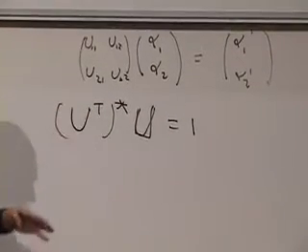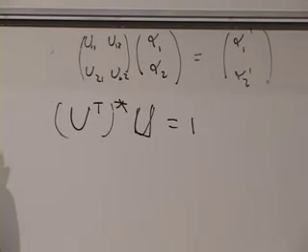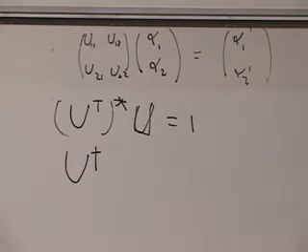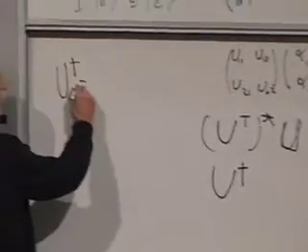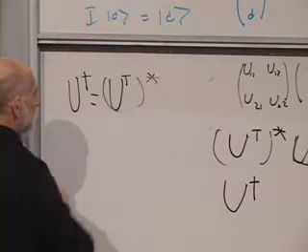This combination here, the transpose complex conjugated, is called the Hermitian conjugate, and it's represented by U dagger. So we've seen that before. U dagger is equal to the transpose complex conjugated.